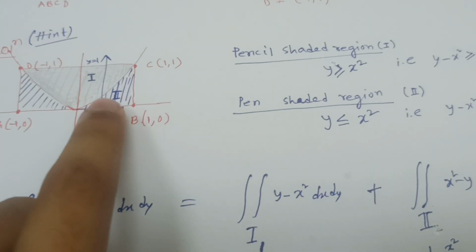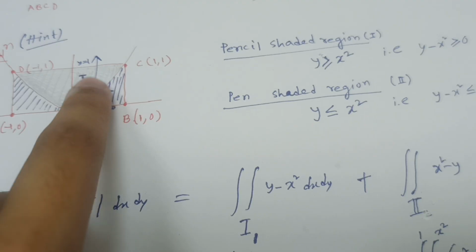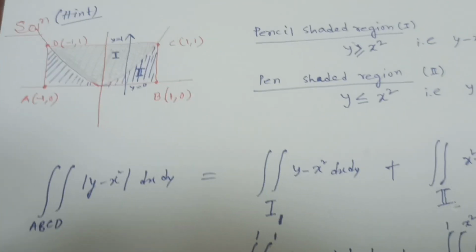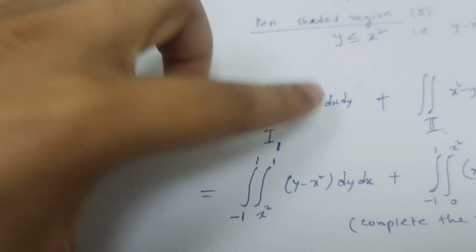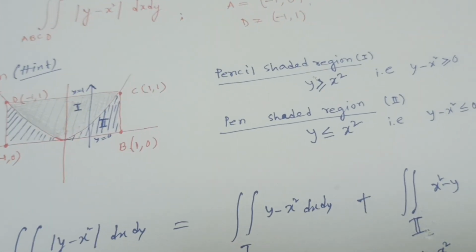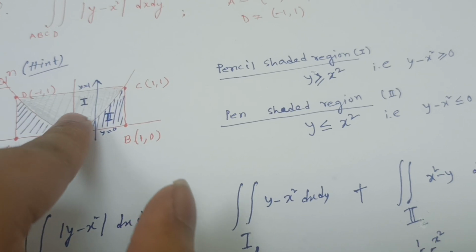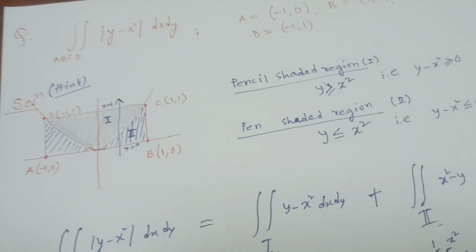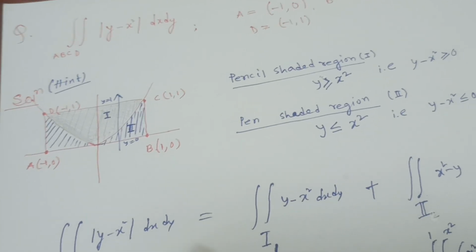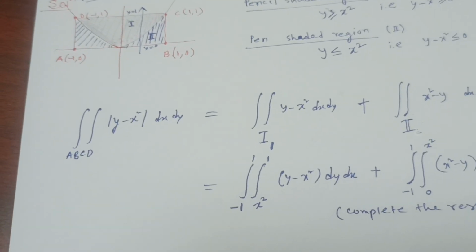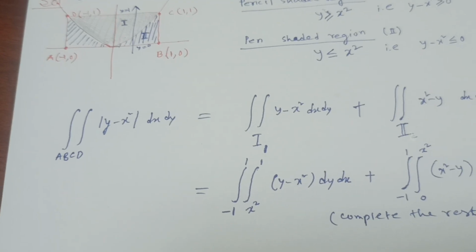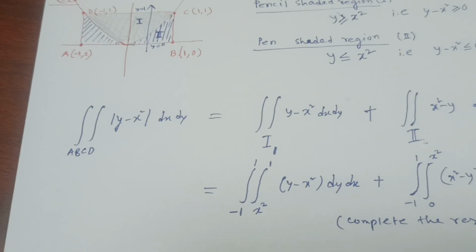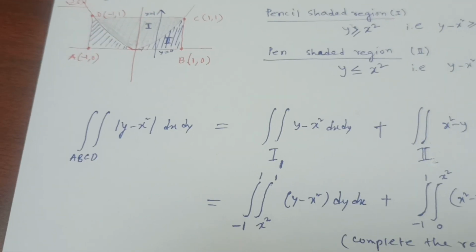For I1, I'll integrate in this direction. The region is from x square to y equal to 1, and x goes from minus 1 to 1, which I have written here. So for the y coordinate, the limit is x square to 1, and for the x coordinate it is minus 1 to 1.